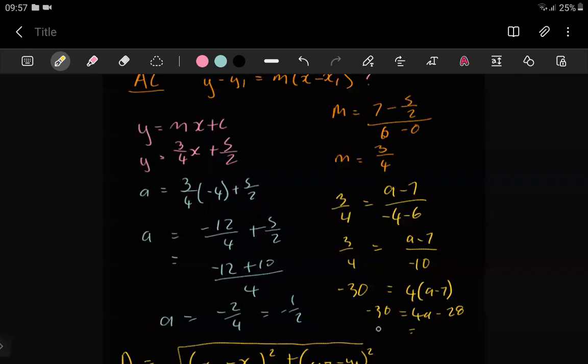Taking it to this side, it's -2 equals 4A, and then A is -0.5. Oh, nice.